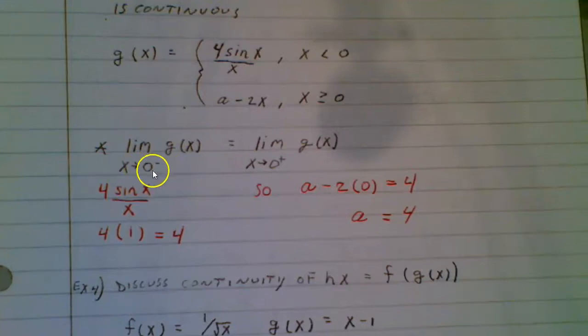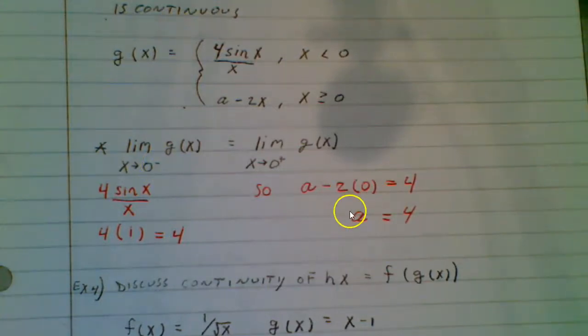Well, if we approach 0 from the left, remember you can't do direct substitution on this because if I try to put 0 in for that x, we have an undefined point. However, 2 lessons ago, in lesson 1.3 part 3, we saw that the limit of sine of x over x is 1. And so we can always insert that in for that guy. And so that gives us an automatic limit at 4 as we approach 0 from the left.